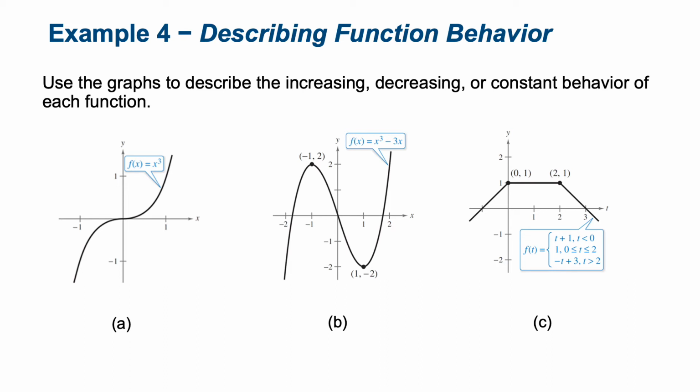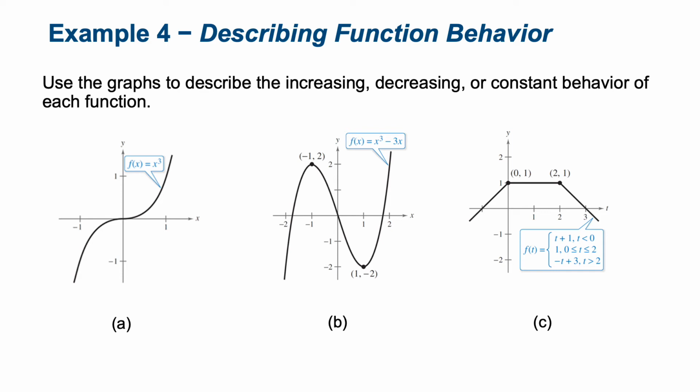Now b is a little more interesting, right? So it goes from left to right. If I just look at it, I go, okay, this is increasing, it's going up. It stops here. So from negative infinity to negative 1, it's increasing, okay? Then going downward, it's decreasing in this middle region, from negative 1 to positive 1.